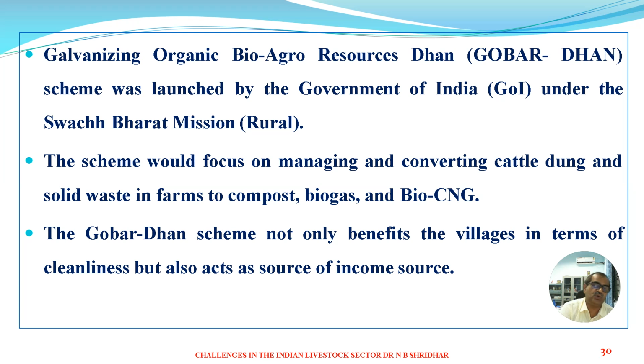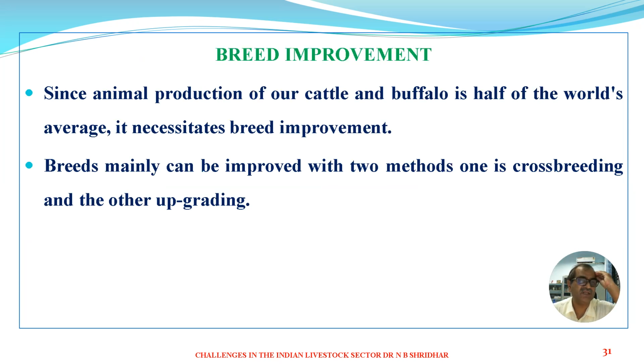The scheme would focus on managing and converting cattle dung and solid waste into compost, biogas and bio-CNG, because methane is already used in certain industries for reducing the greenhouse effect, and is a source of income generation also.